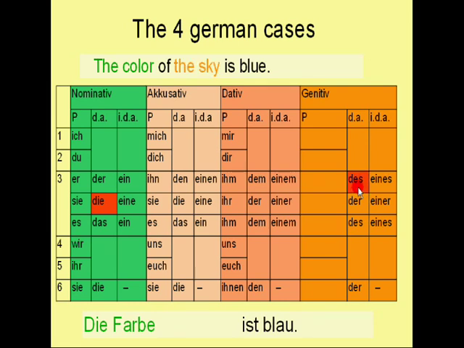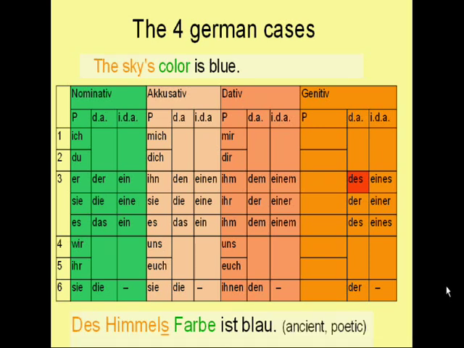We would take the article des, and the sentence would read Die Farbe des Himmels ist blau. So now you might wonder, why is there an S? I told you in the last video, the lesson, that male nouns and neuter nouns that are in the genitive case in the third person singular, they receive an additional S. If that would be a female noun, then it would not get an additional S.